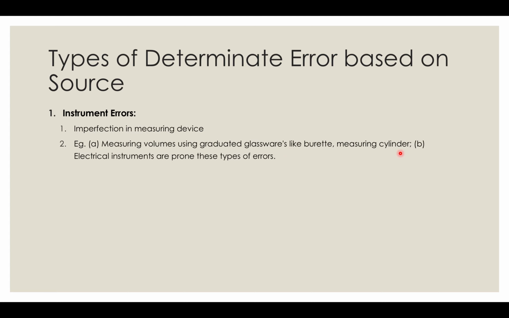These are the apparatus you usually use for measuring volume in your practical classes. An error in the graduation, meaning the markings on the glassware, can lead to error in the volume. The graduation can also be affected when you wash the glassware and dry it in an oven.